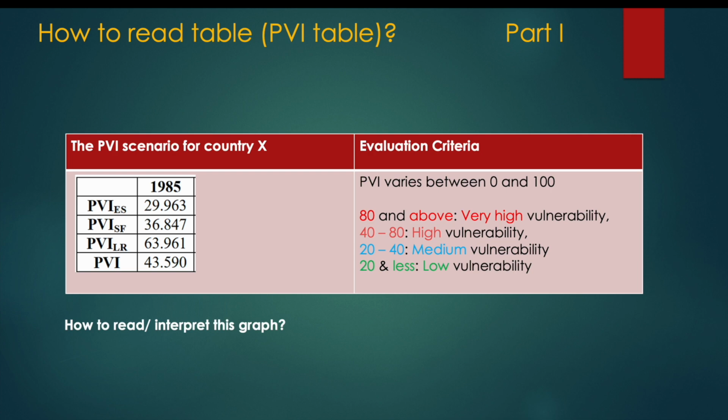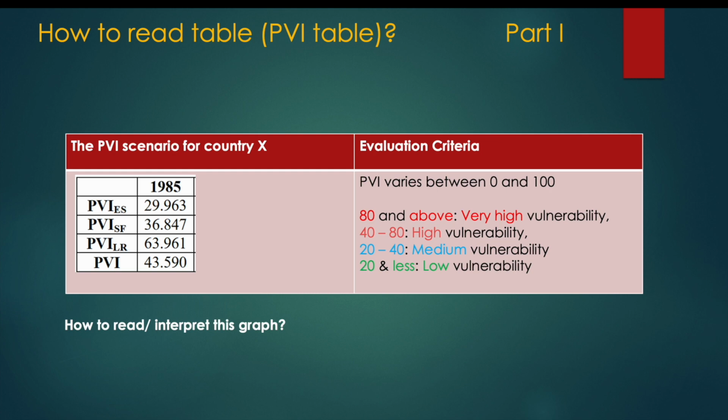So if the PVI value is within this range, we will be interpreting it accordingly. On the left hand side, we are seeing a hypothetical country X, and its values in 1985. In the first row, the table shows the PVI-ES, that is exposure and susceptibility, and the value is 29.963.